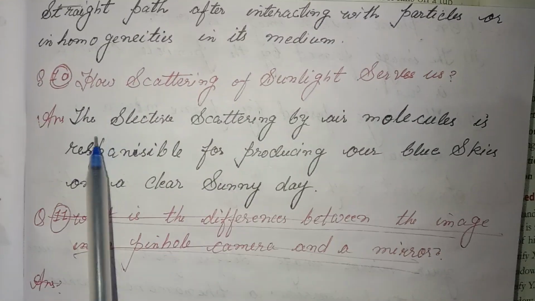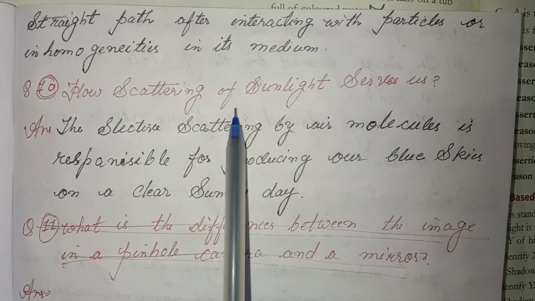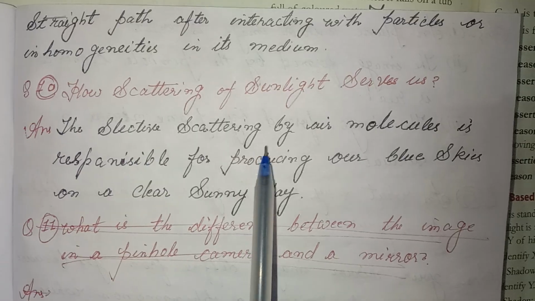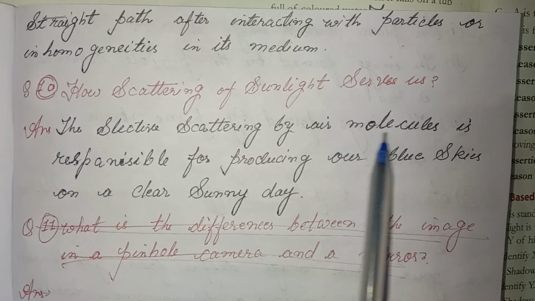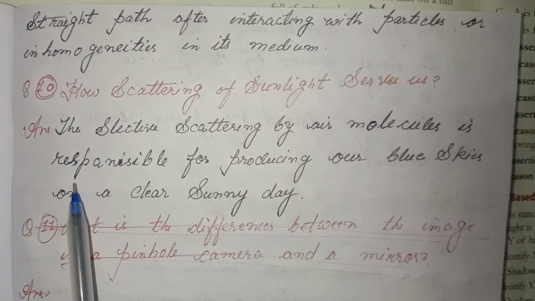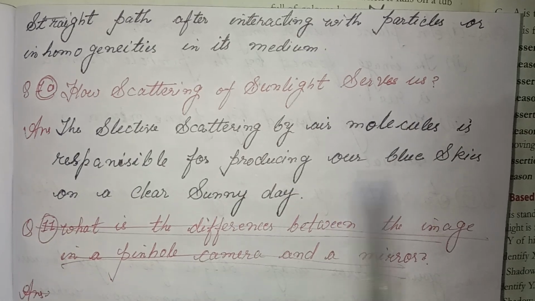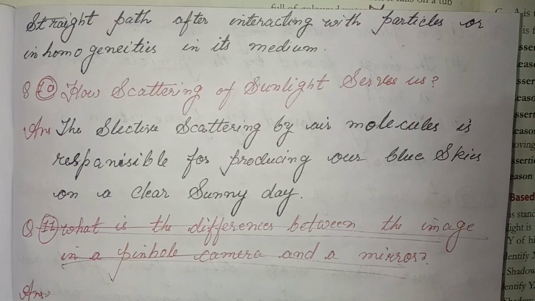Okay. Tenth question, how does scattering of sunlight serve us? Answer, the selective scattering by air molecules is responsible for producing our blue skies on a clear sunny day.